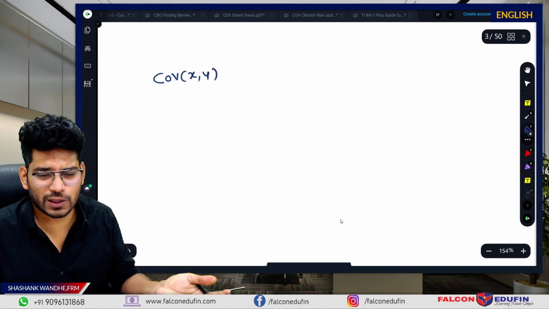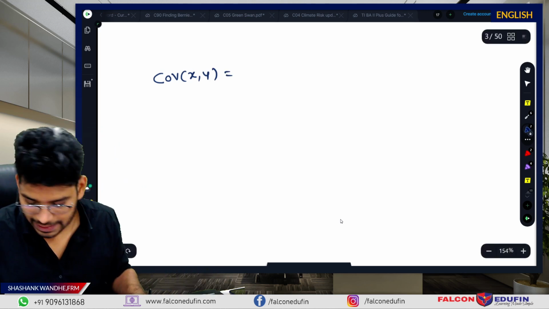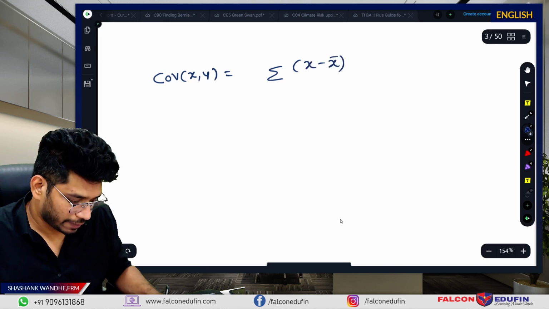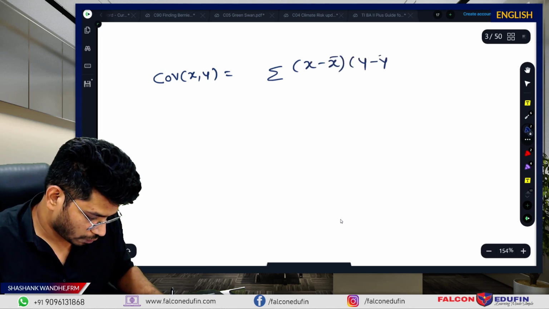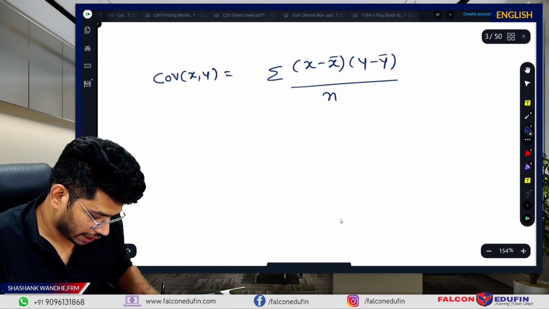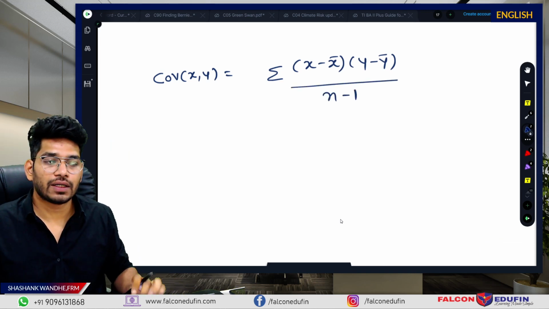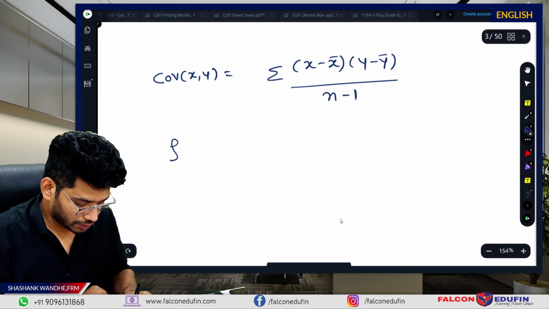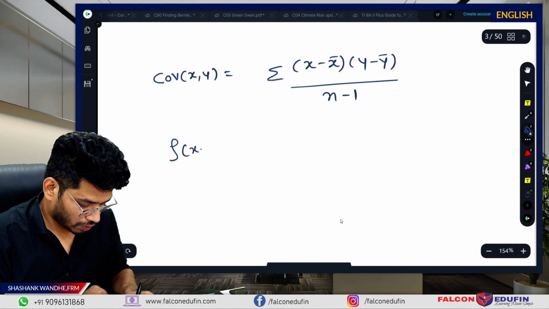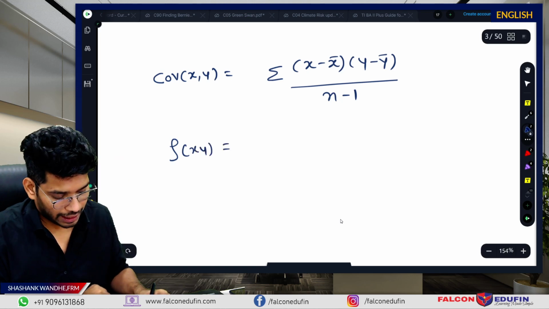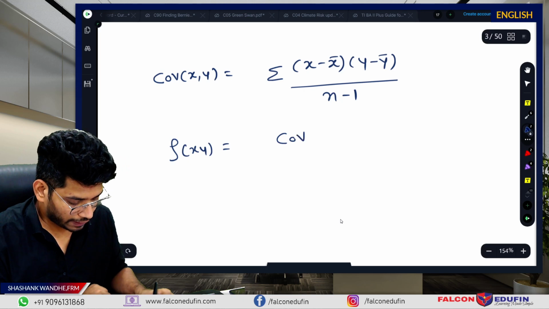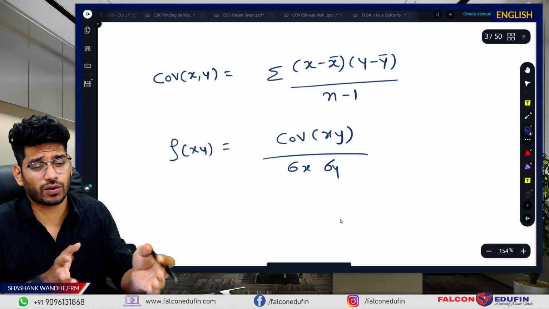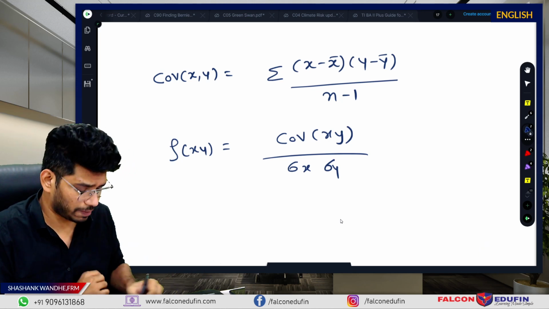Covariance of x, y, or x1, x2, you can take anything, is equal to summation of (x minus x bar)(y minus y bar) divided by n minus 1. Using this we will calculate the correlation of xy, and the formula for the correlation is covariance of xy divided by sigma x, sigma y. I'm using y, you can take x1, x2, it doesn't matter. It is one and the same thing.